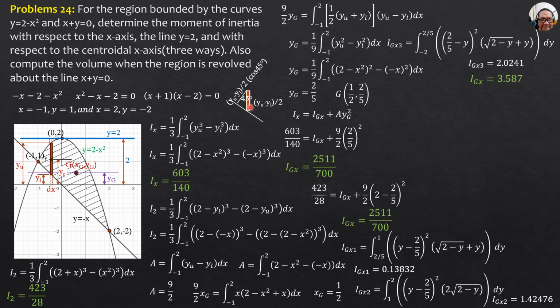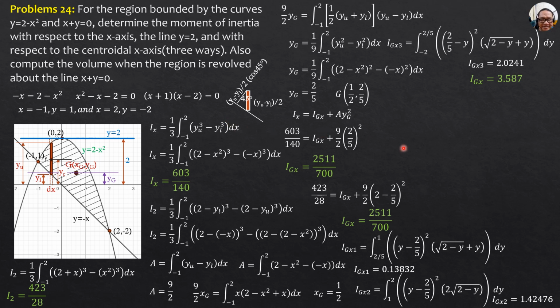And therefore, by Pappus proposition, volume is equal to area, which is upper y minus lower y dx, then times the distance traveled by the centroid. This distance here, because this is the axis of rotation, is upper y minus lower y divided by 2 times cosine of 45 degrees as presented here.